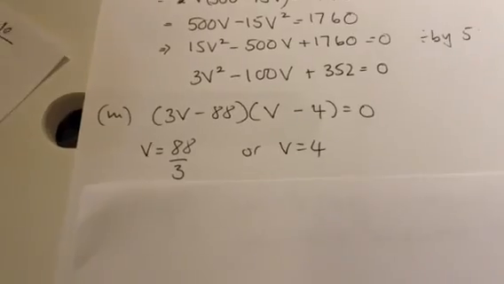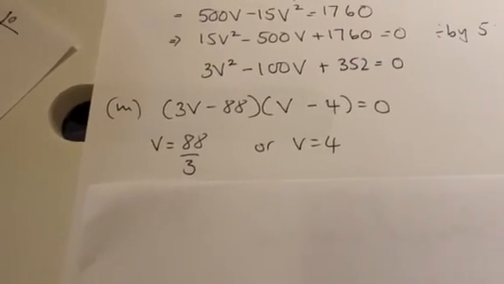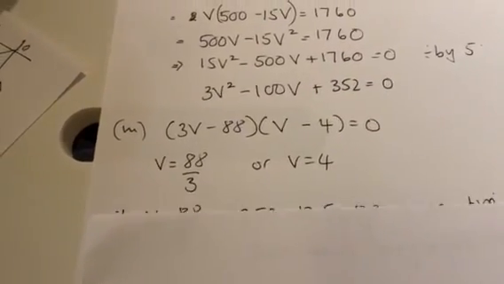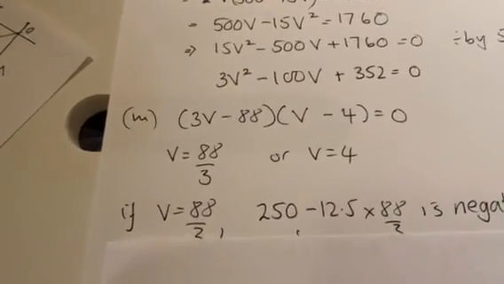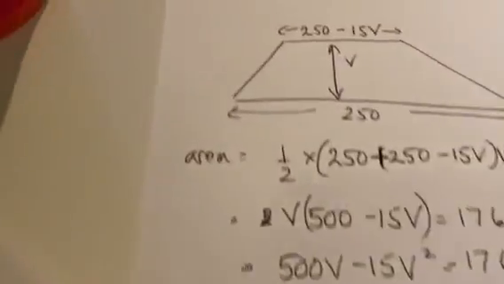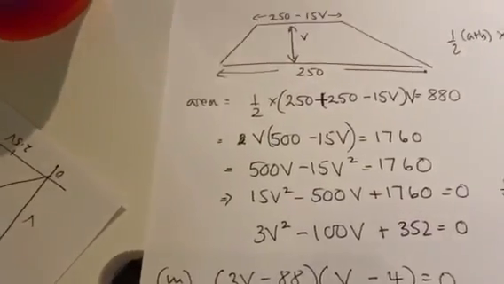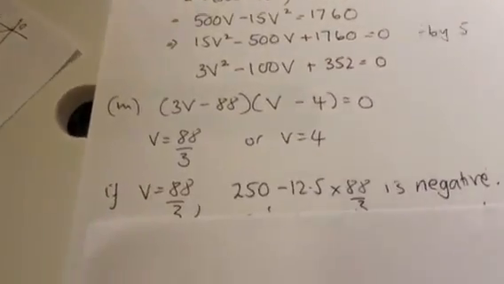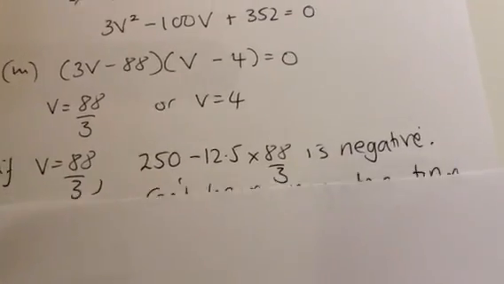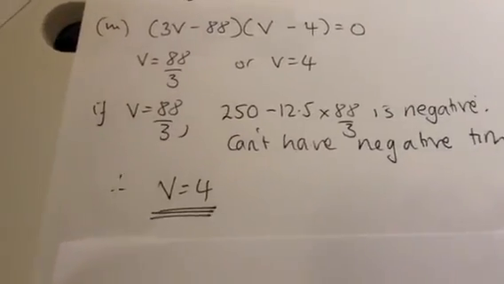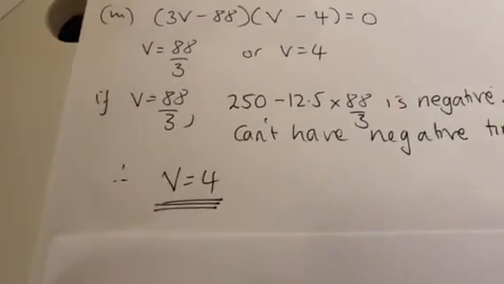V equals 4 sounds pretty good, and it looks like it's going to give us sensible answers. However, if V is 88 over 3, if you substitute that into your 250 minus 12.5V, which was one of the times that you worked out, you actually get a negative value. You can't have a negative time here, so you make the decision that V equals 4.